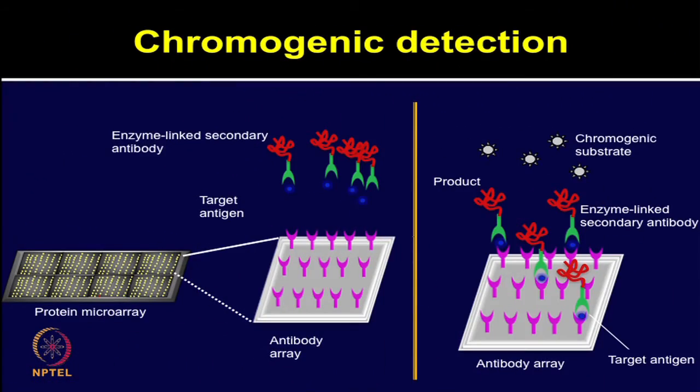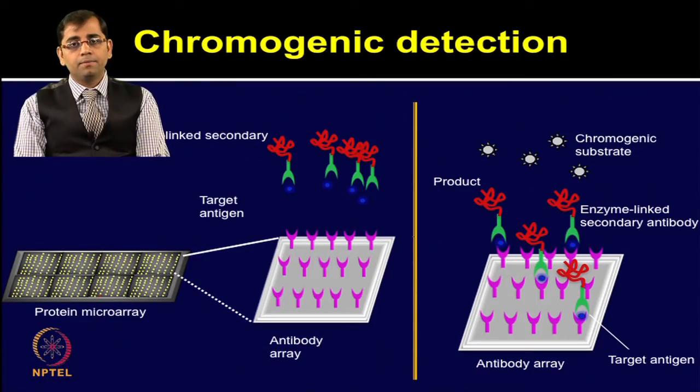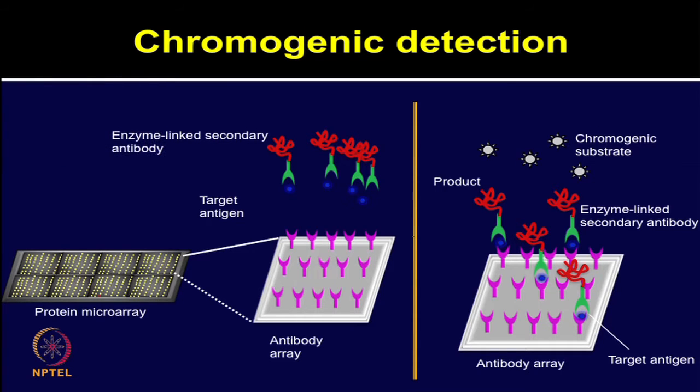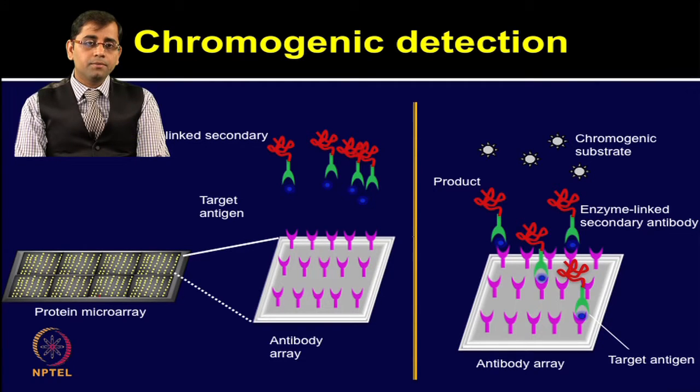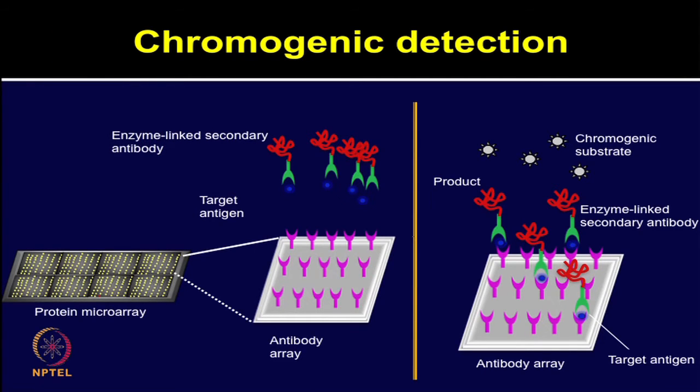In chromogenic detection, an enzyme that can give a colored reaction upon addition of suitable substrate is usually linked to the secondary antibody. Catalysis of chromogenic substrate molecules results in colored product formation which can be easily detected and quantified by means of a microarray scanner.